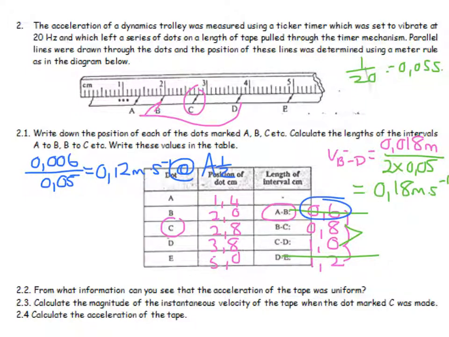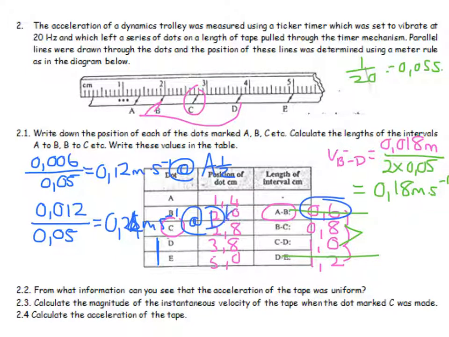Now I'm going to work out from D to E, and I go 0,012, because I have to get it into meters, divided by the time, 0,05, and I land up with 0,24 meters per second. And where is that true? At d.5.